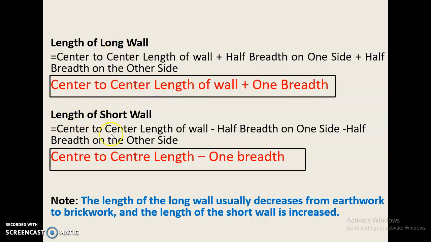Similarly, to determine the length of the short wall, you just deduct one breadth of the item of work, that is, center-to-center length minus one breadth of that item of work. And keep one thing in mind, dear students: the length of the long wall usually decreases from earthwork to brickwork, and the length of the short wall increases.